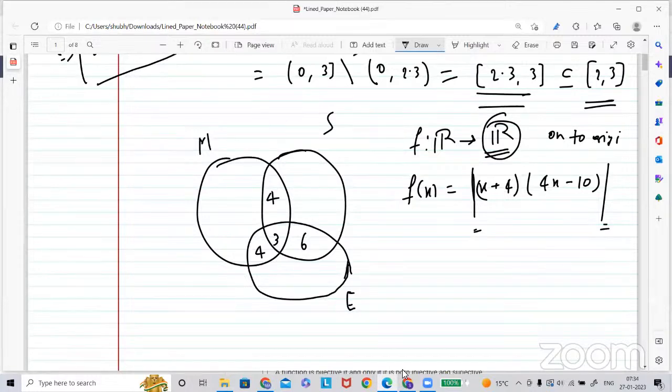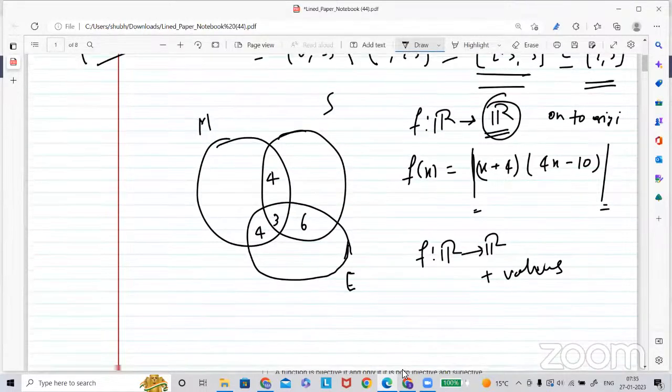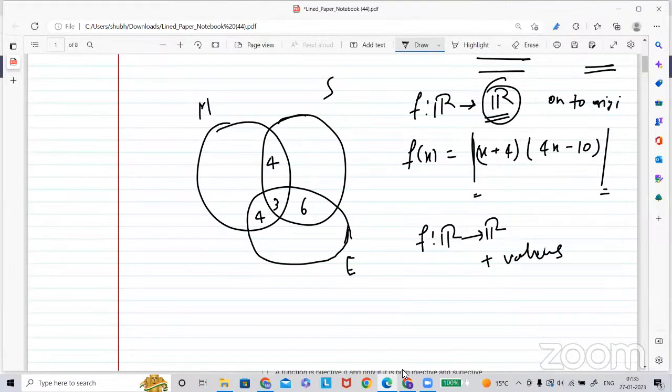So if this function is from R to R but you are getting output as only positive values, hence it is not onto. The codomain still has negative values, but we are only getting positive.